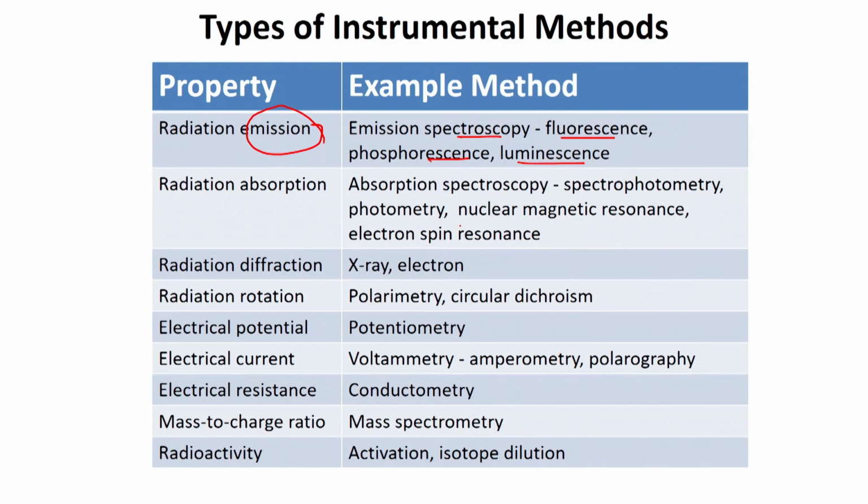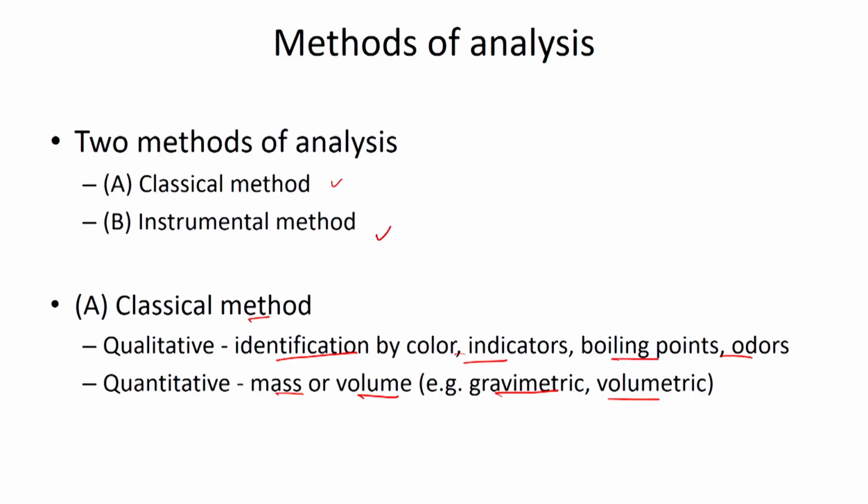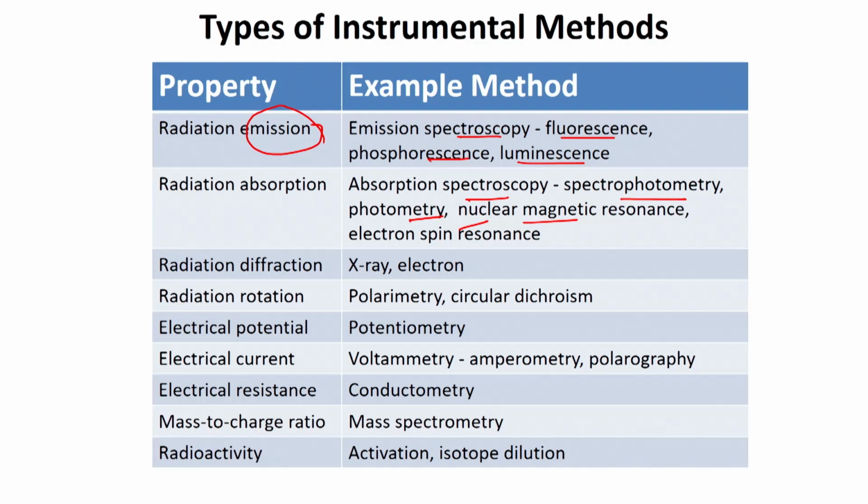Similarly, you can have radiation absorption: absorption spectroscopy, photometry, then NMR, ESR. Here what you are measuring is absorption. The physical property is absorption, and what we will measure is the absorbance.